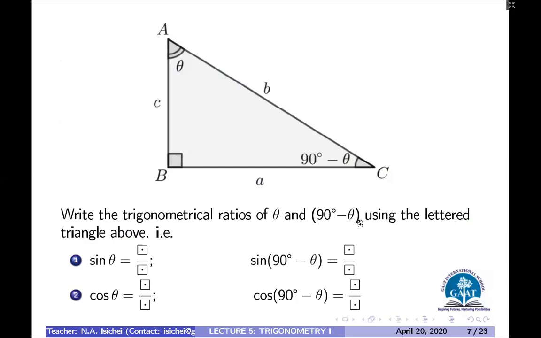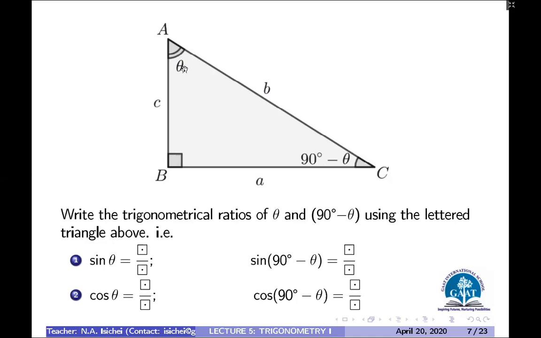All right, so let's look at these right angle triangles carefully. My claim is that in any given right angle triangle, the two adjacent angles are said to be complementary. That is, the angle theta at A and the angle at C are complementary.